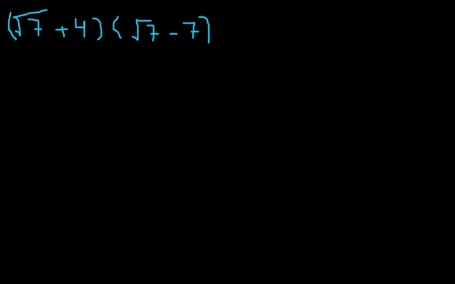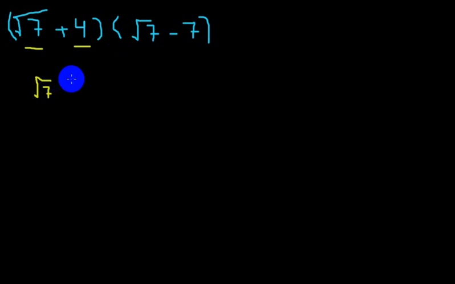It's really simple. Here you can see we have two terms in this bracket and two terms in the next one. So now I'm going to distribute it. We will multiply square root of 7 with both these terms, and then we will multiply 4 with both these terms. That will be our final answer when we simplify it.